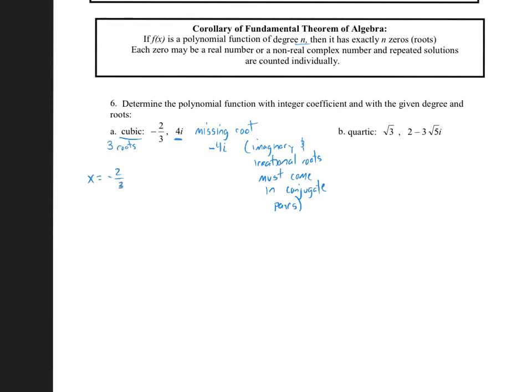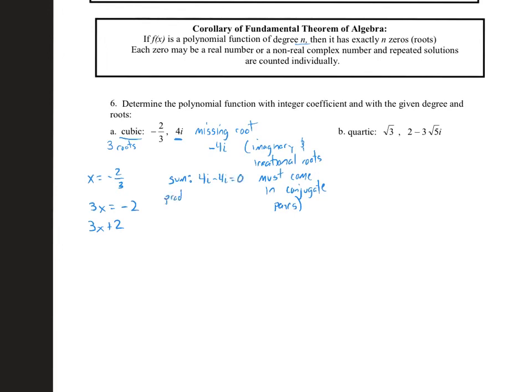If x equals negative 2/3 is a root, I'm going to change it into a factor. So I'm going to multiply by 3. So I've got 3x equals negative 2. So I know 3x plus 2 is one of my factors. For the 4i and negative 4i, I'm going to use our shortcut method. So I'm going to use these for the sum. 4i minus 4i is 0.